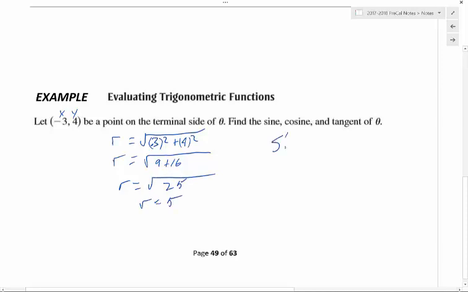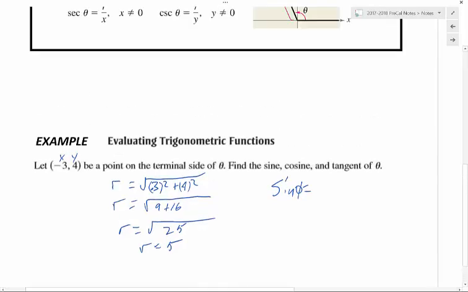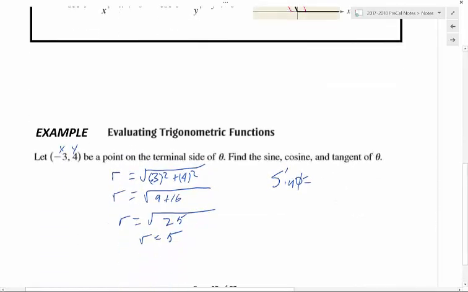So the sine of theta is y over r. The cosine of theta is x over r, and the tangent of theta is y over x.